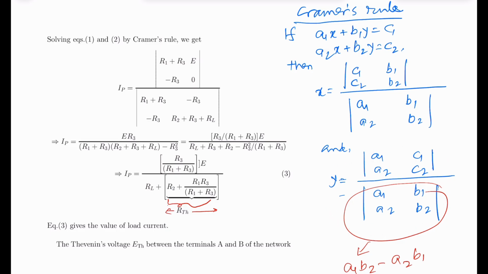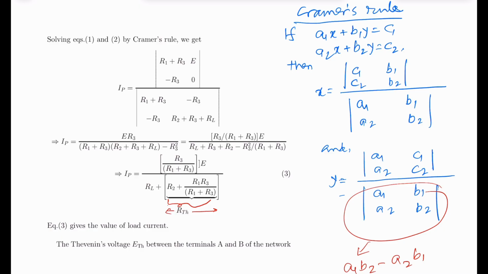IP is, in the numerator, A1, A2. A1 in equation 1 is R1 plus R3. In equation 2, A2 is minus R3. C1 is E and C2 is 0. So this is your numerator determinant.